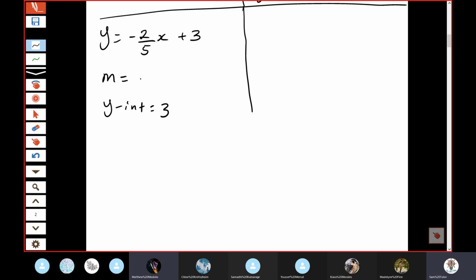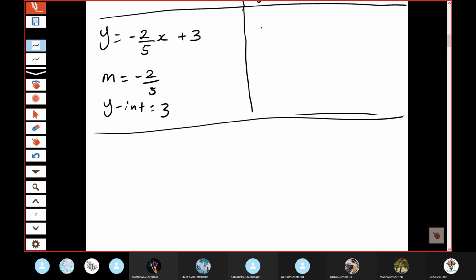That's correct. And then the gradient? -2 over 5. Beautiful. It's the number in front of the x. Don't overthink it. Don't let me scare you. I can put whatever I want here. You still have to say the gradient is whatever's in front of the x. Well done. That's 3 out of 3. We're doing well. You're doing better than the year 11s.